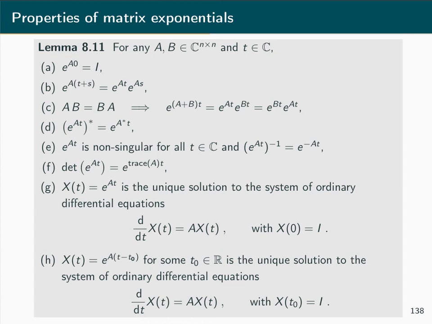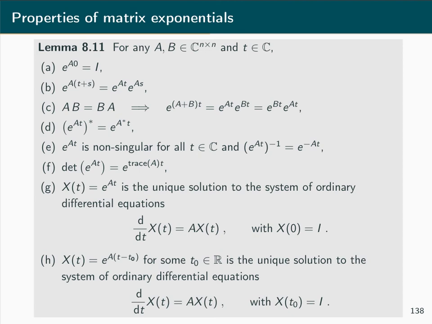Now, when we go through the list of properties of the matrix exponential, you will recognize that many of these properties are analogous to the properties of the scalar exponential. So for instance, in part A, it's stated that e to the A times 0 is equal to identity.